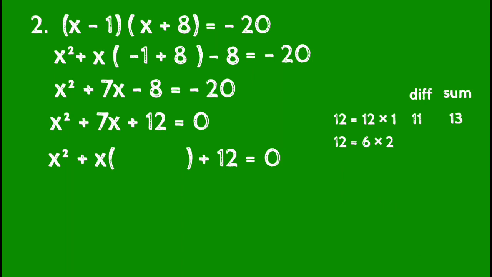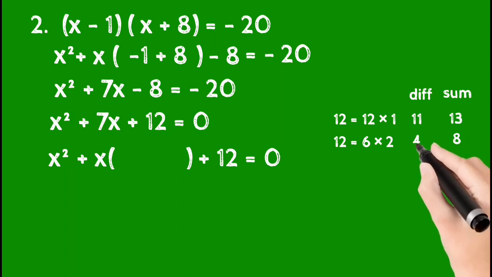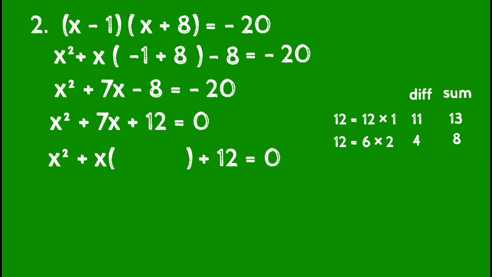Okay, the sum of 6 and 2 is 8, and the difference of 6 and 2 is 4. Remember this could either be negative or positive in terms of the sum or the difference. But again, it's not working out. We're looking for 7. We want the sum or the difference of these factors to be equal to 7.